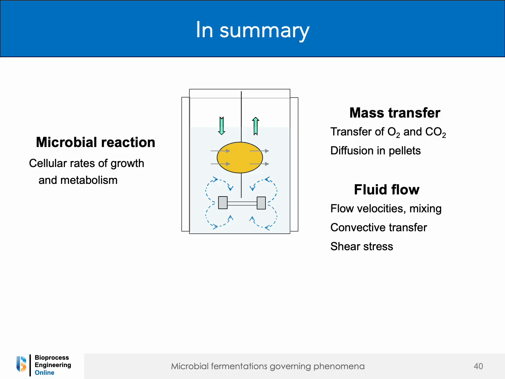In addition, physical phenomena critically shape the cell's environment: mass transfer, governing the exchange of oxygen and carbon dioxide between the gas phase and the liquid medium, and the diffusion of nutrients inside microbial pellets; and fluid flow, determining medium circulation, mixing efficiency, the intensity of convective mass transfer, and the shear stresses experienced by cells.